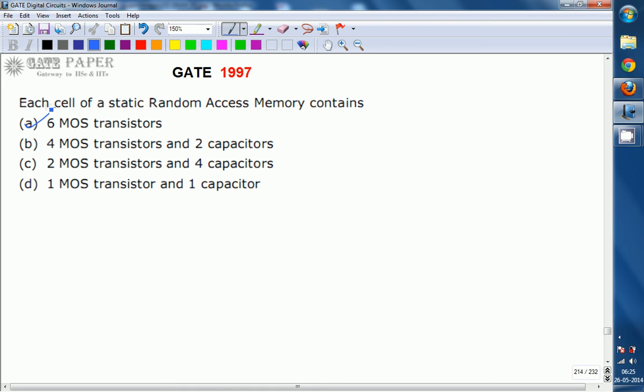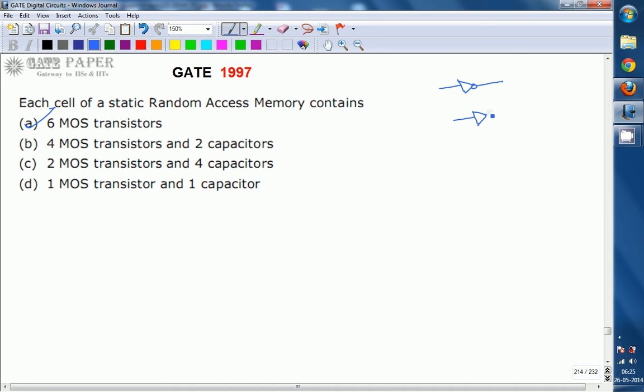Each cell of a static random access memory consists of 6 MOS transistors. The principle behind the static random access memory is that the memory is going to be implemented with a latch. A latch is nothing but a cross connection of two inverters.